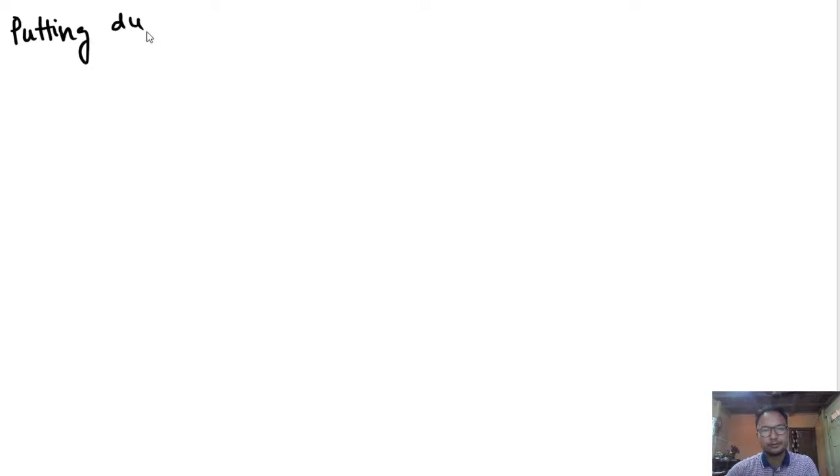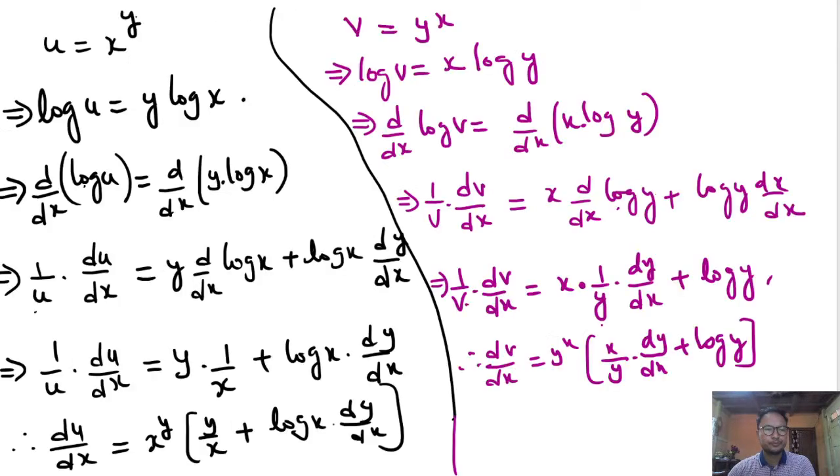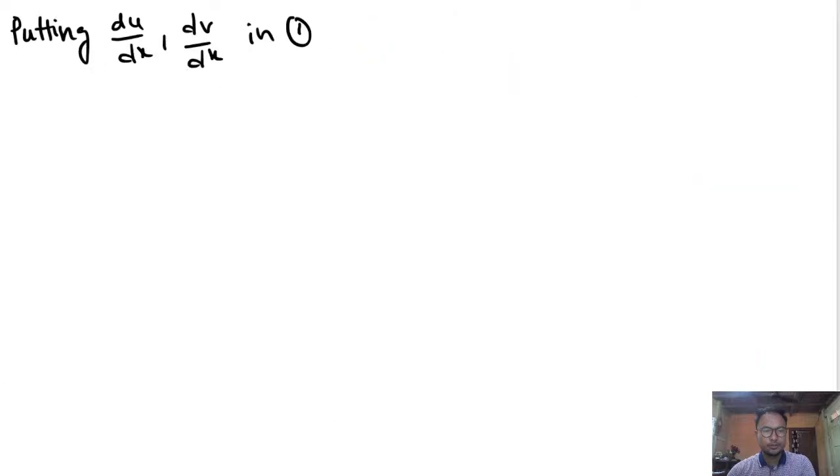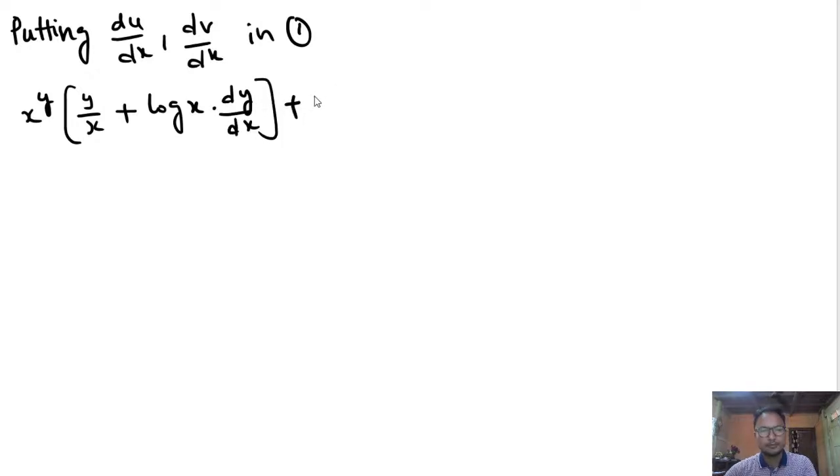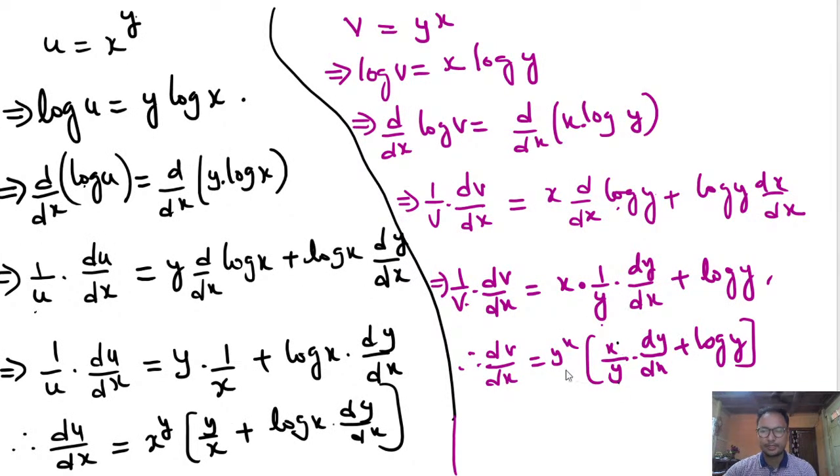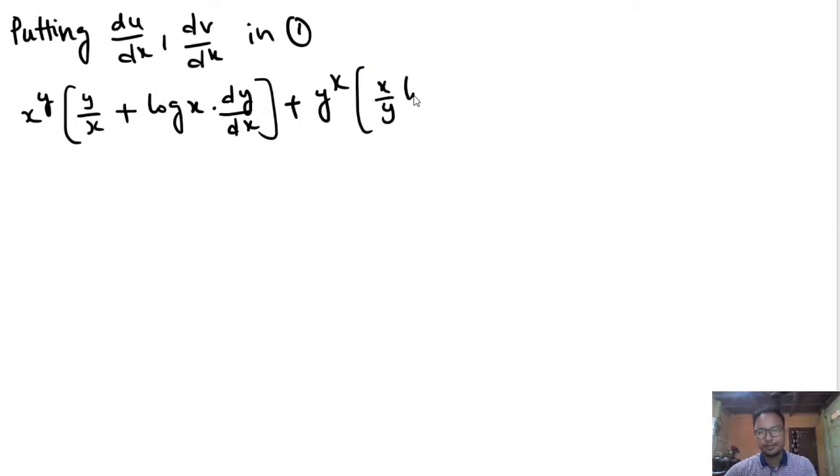Putting du by dx: x to the power y times y by x plus log of x dy by dx, plus dv by dx: y to the power x times x by y dy by dx plus log of y, is equal to 0.